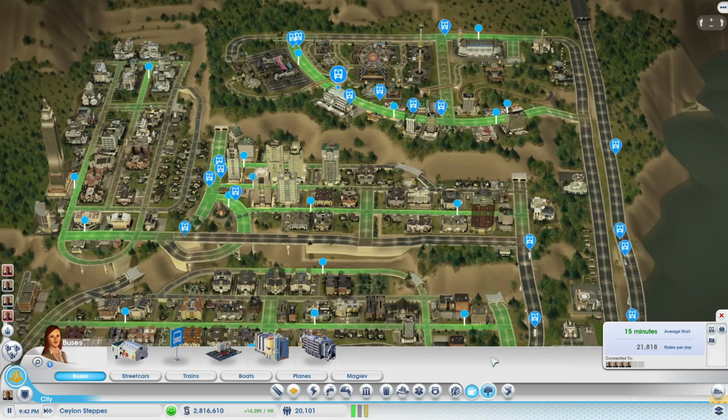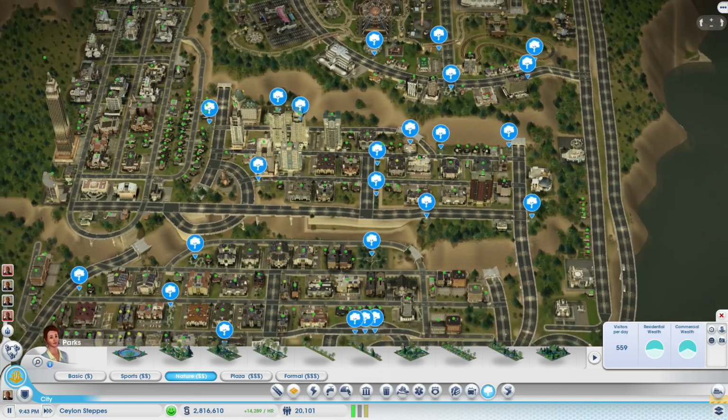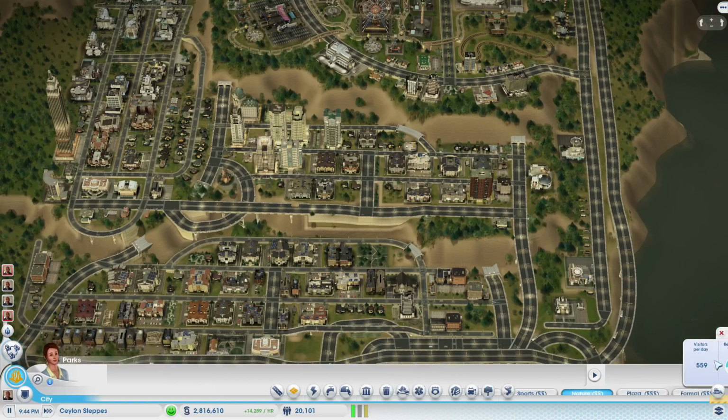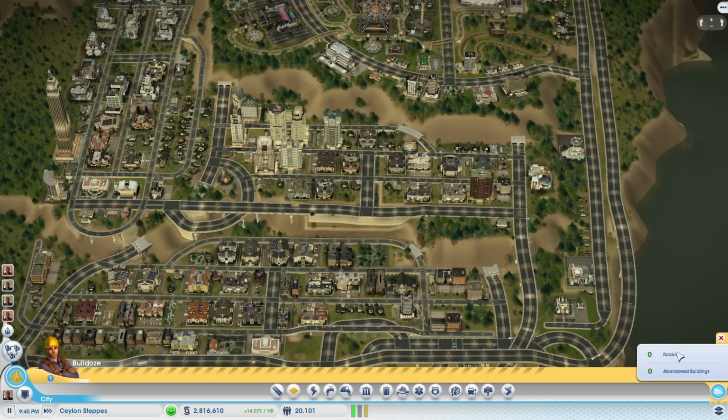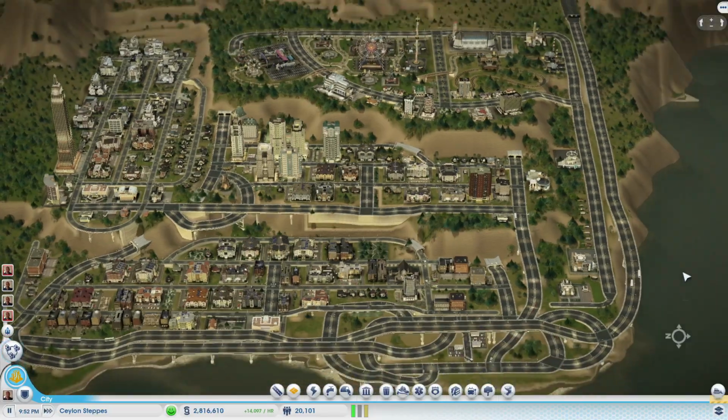That's awesome. We've put down some parks. I know it's for bulldozing, but it's a wonderful way to get a gauge. If you've got lots of rubble, if you've got lots of abandoned buildings, that's a signal that something is off.